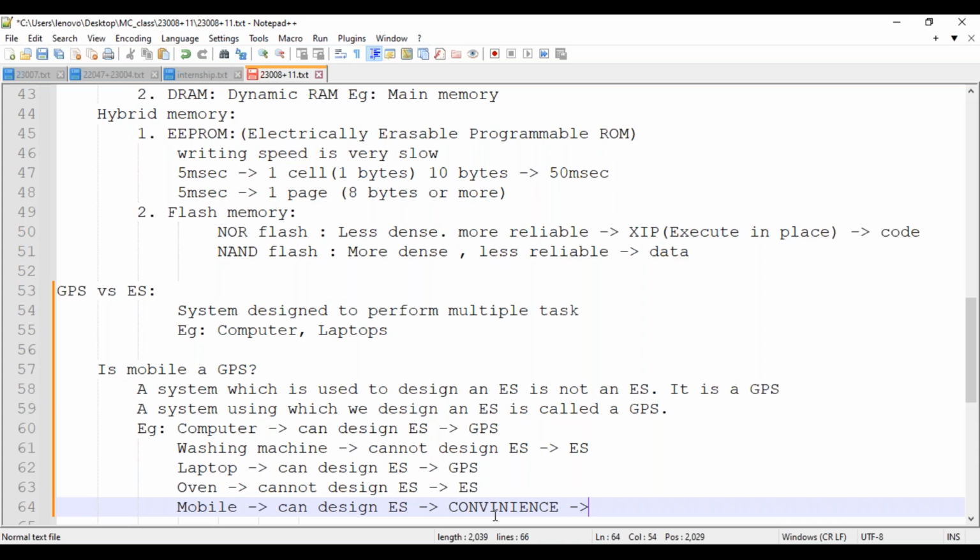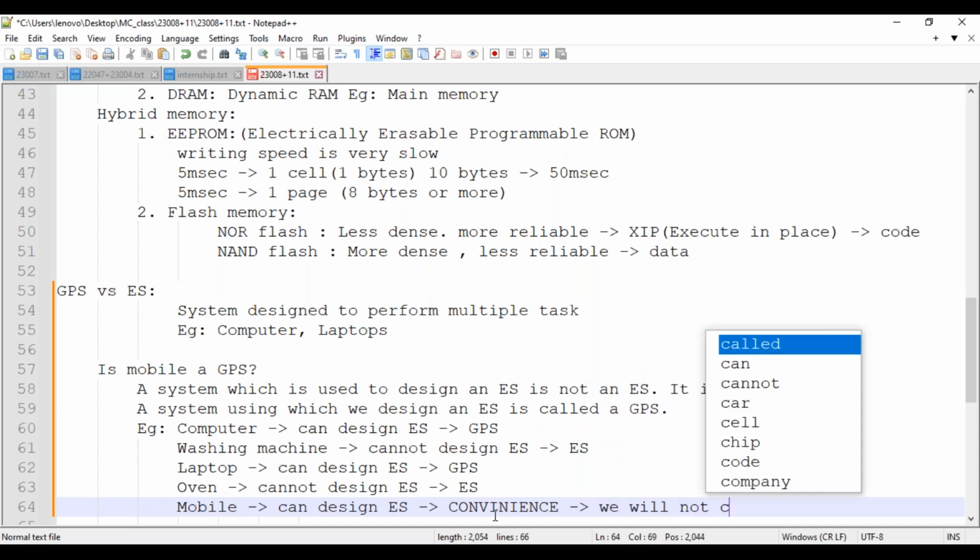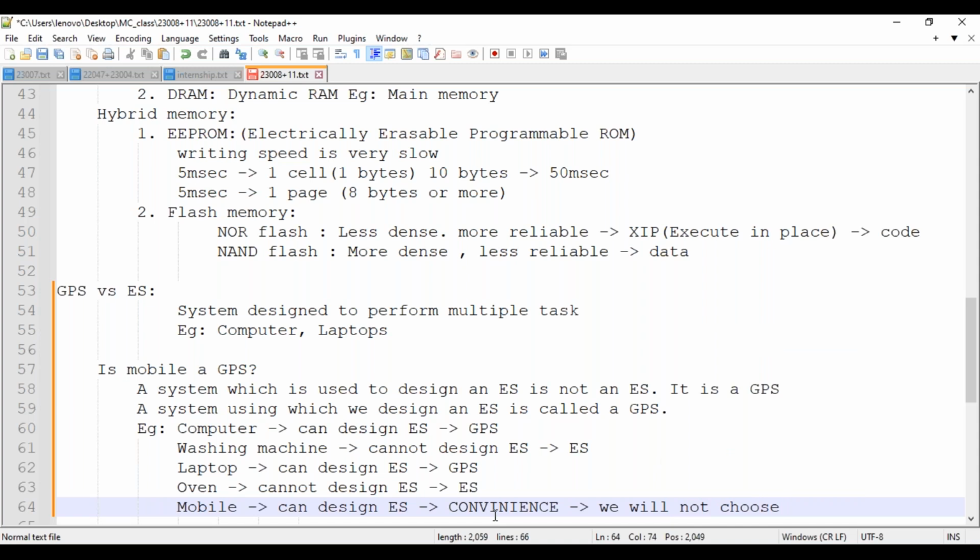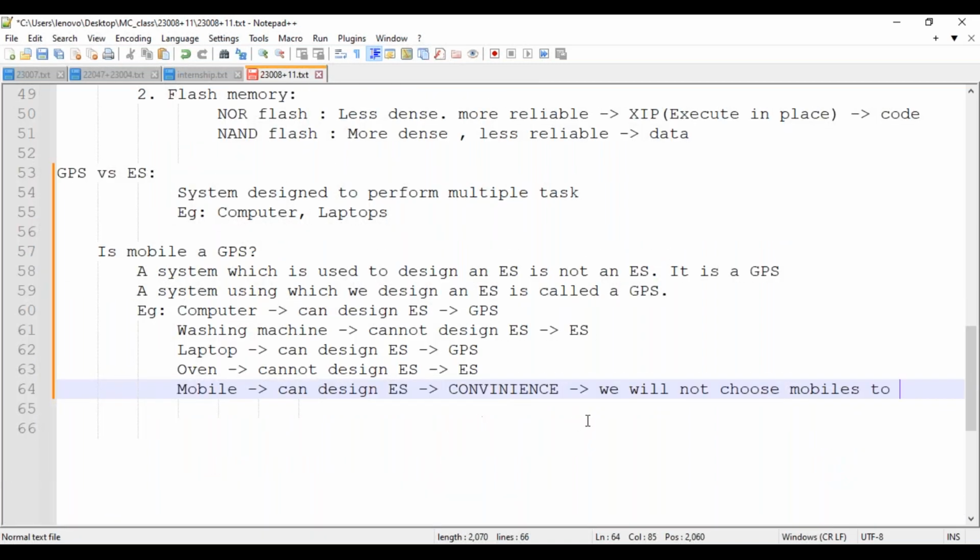So when you are trying to design an embedded system, due to the convenience, we will not choose a mobile phone to design an embedded system. Do you agree?